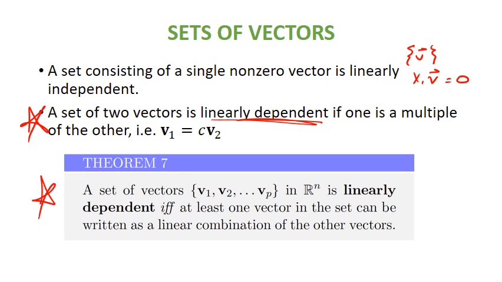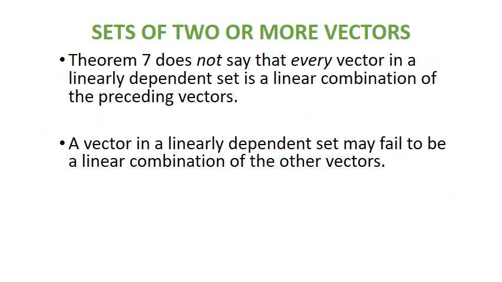Then we have this theorem here. Theorem 7 says that the set of vectors is linearly dependent if and only if at least one vector in the set can be written as a linear combination like that of other vectors. Now there are some things to specify here.